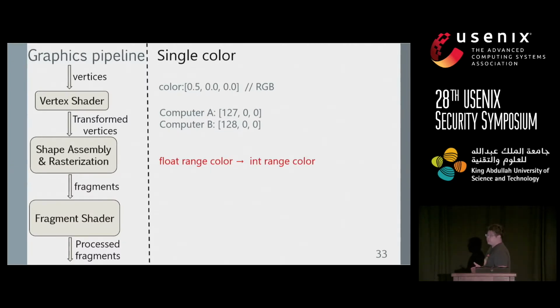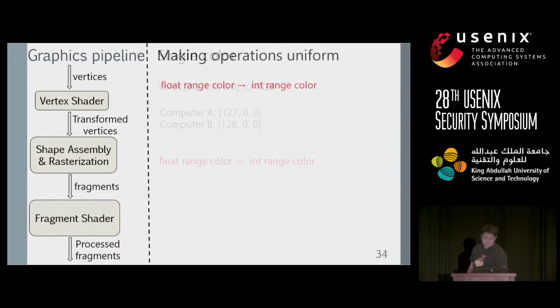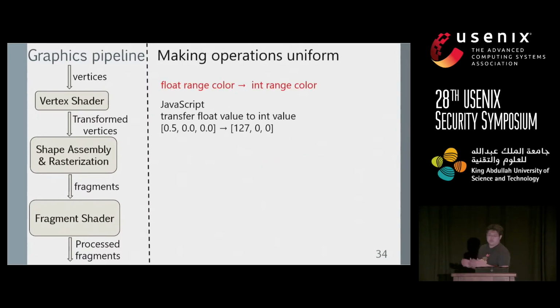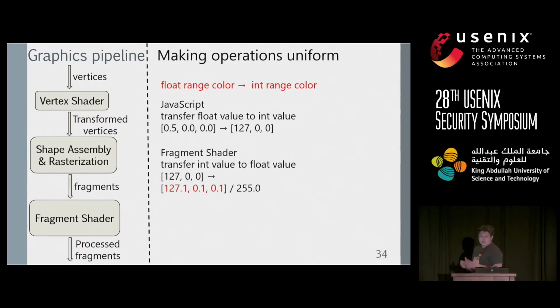When the shader tries to transfer a float range color to an integer range color, some computers use the floor option and other computers use the round option. So the computers show different colors. In UniGL, we use JavaScript to transfer the float value to an integer value, and we directly transfer the integer value to the fragment shader.